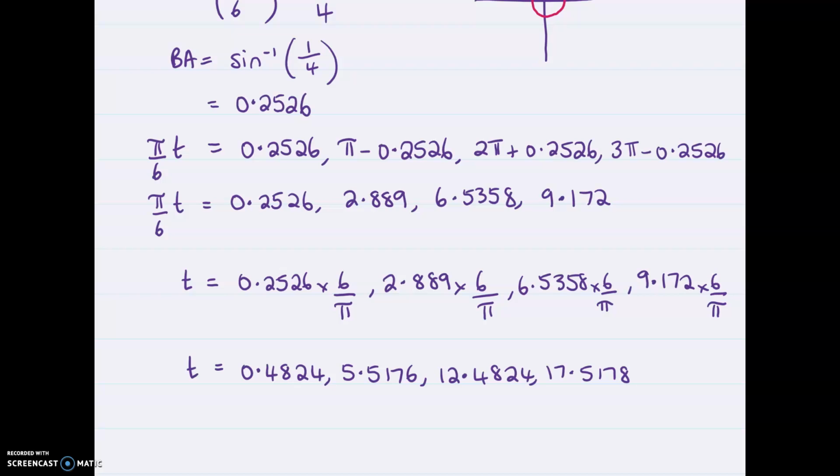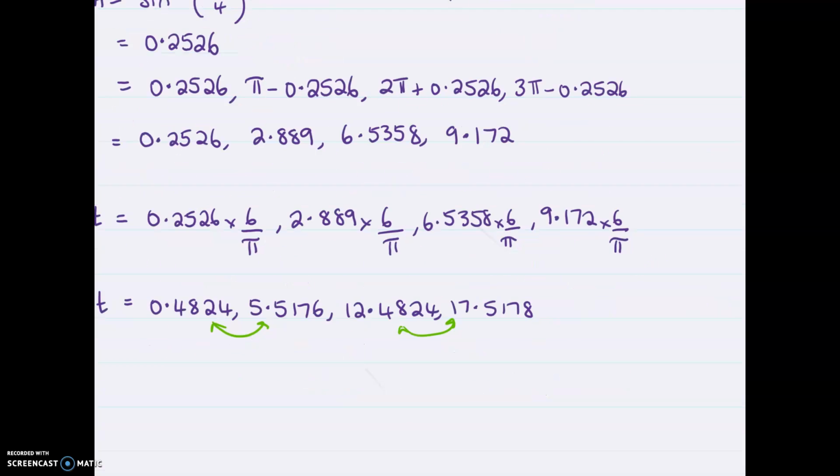So from there we can state when the boat can actually pass. So it can actually pass in between these 2 times, and it can pass in between those 2 times. So with your 0.4824, to get an actual time for that, you would times by 60. So for the decimal parts, I'll just make a note.